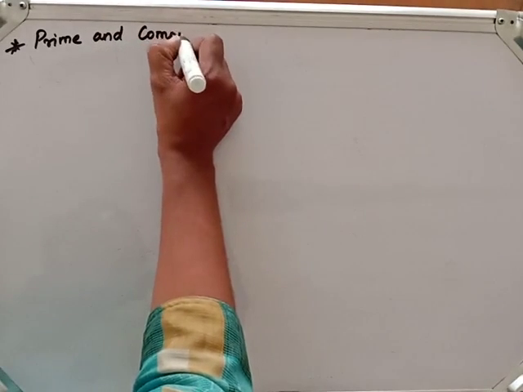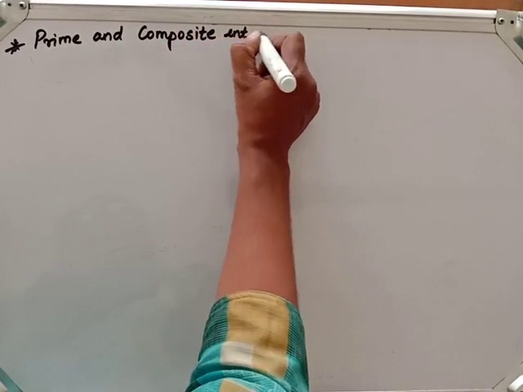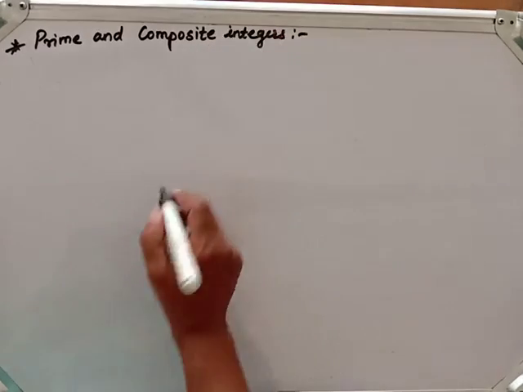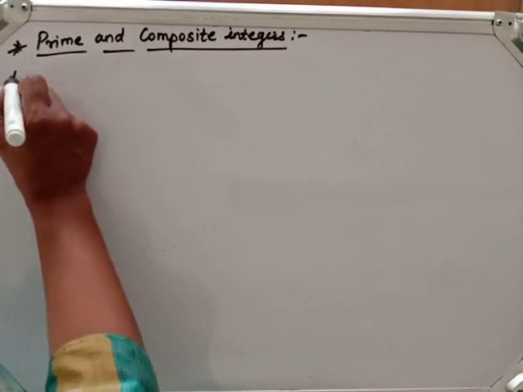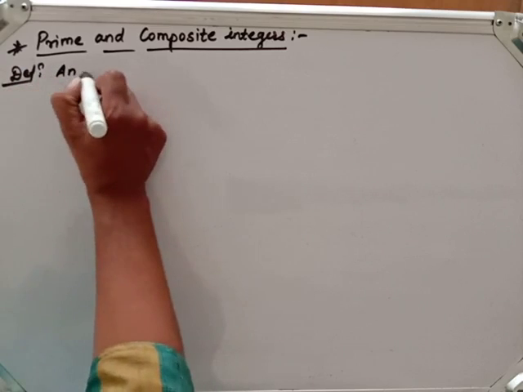Already we have learned these things previously also. Now here we have to learn some properties of them in detail, because number theory is the course where mostly the properties of natural numbers are studied, and prime numbers are also natural numbers.